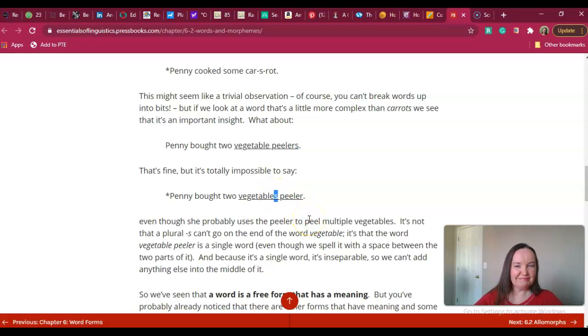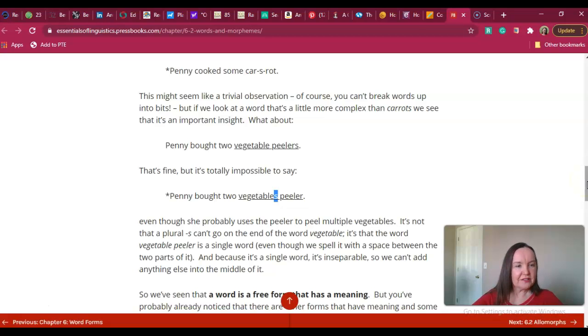She says it's totally impossible to say, Penny bought 2 vegetables peeler. No, it doesn't work. It's completely ungrammatical. I guess if you said a vegetables peeler, it doesn't sound entirely terrible, but I don't think anybody would ever say it that way, even though you are peeling multiple, plural vegetables with that peeler.